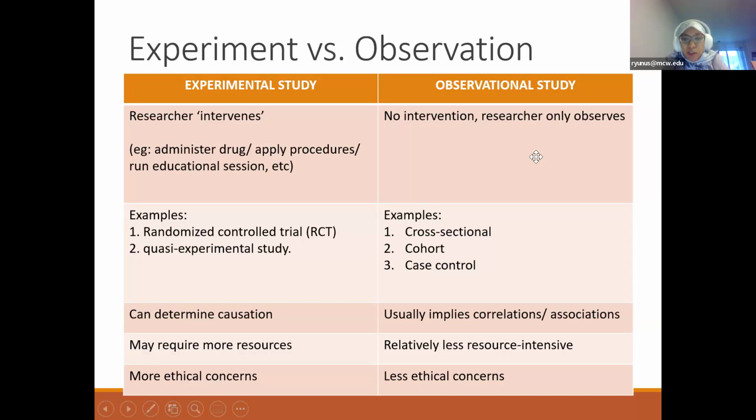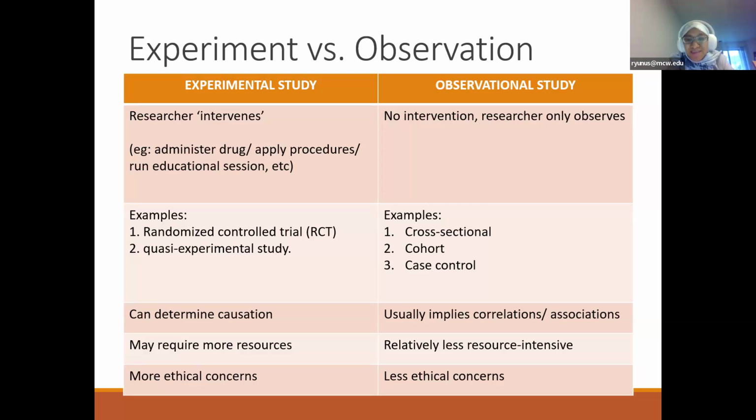Observational study, in general, is used to find correlations and associations. You don't really say that it can be used to determine causation, because it does not take time or temporality into consideration. Whereas experimental study usually gives you more robust results, in the sense that it can be said to imply causation.